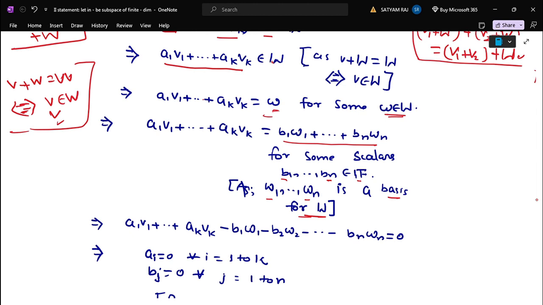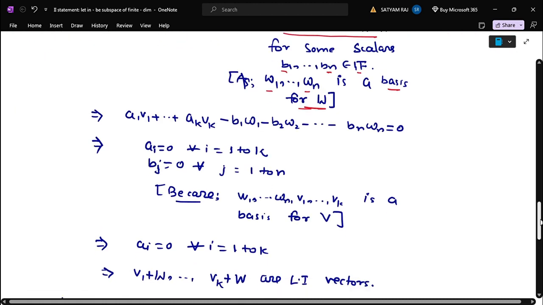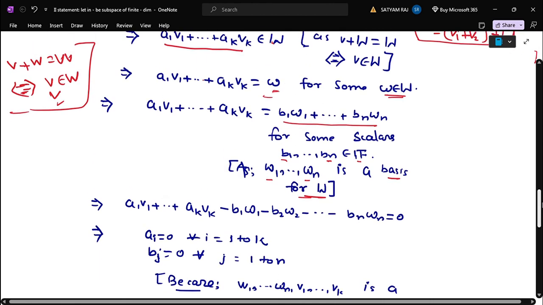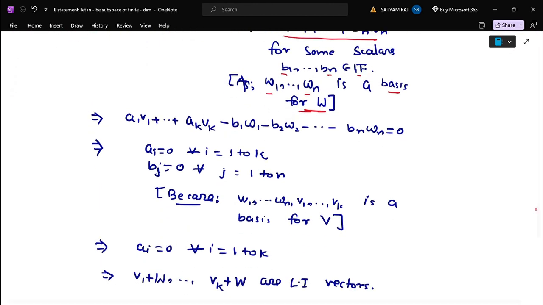Now if we take this vector to the LHS, we get a1v1 + ... + akvk minus b1w1 minus b2w2 minus ... minus bnwn equal to 0.